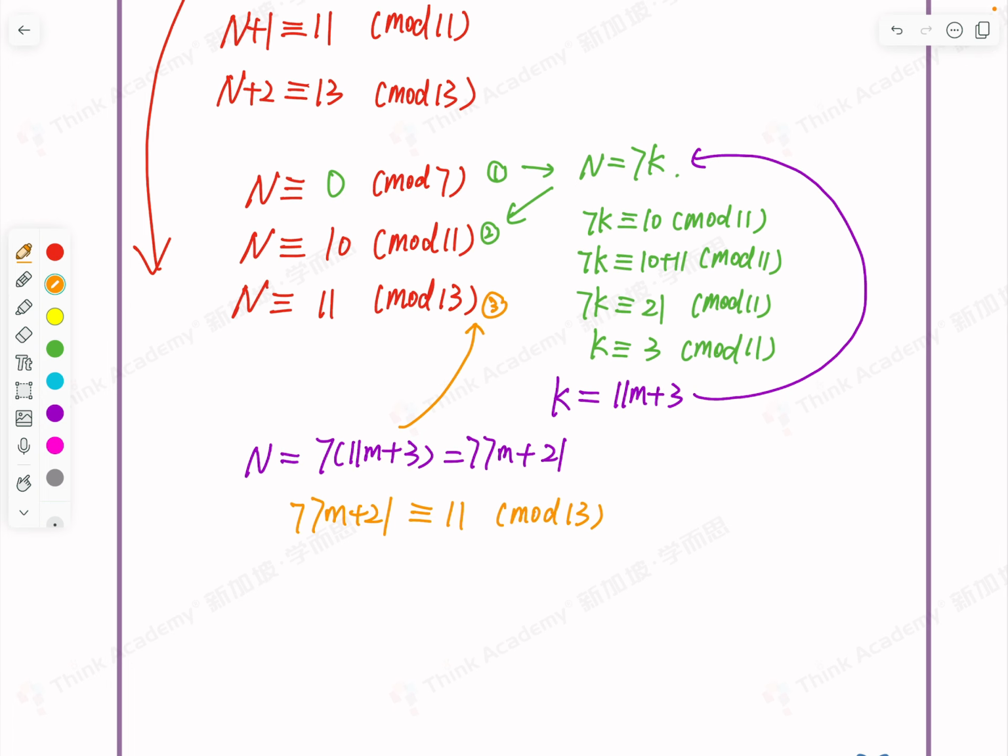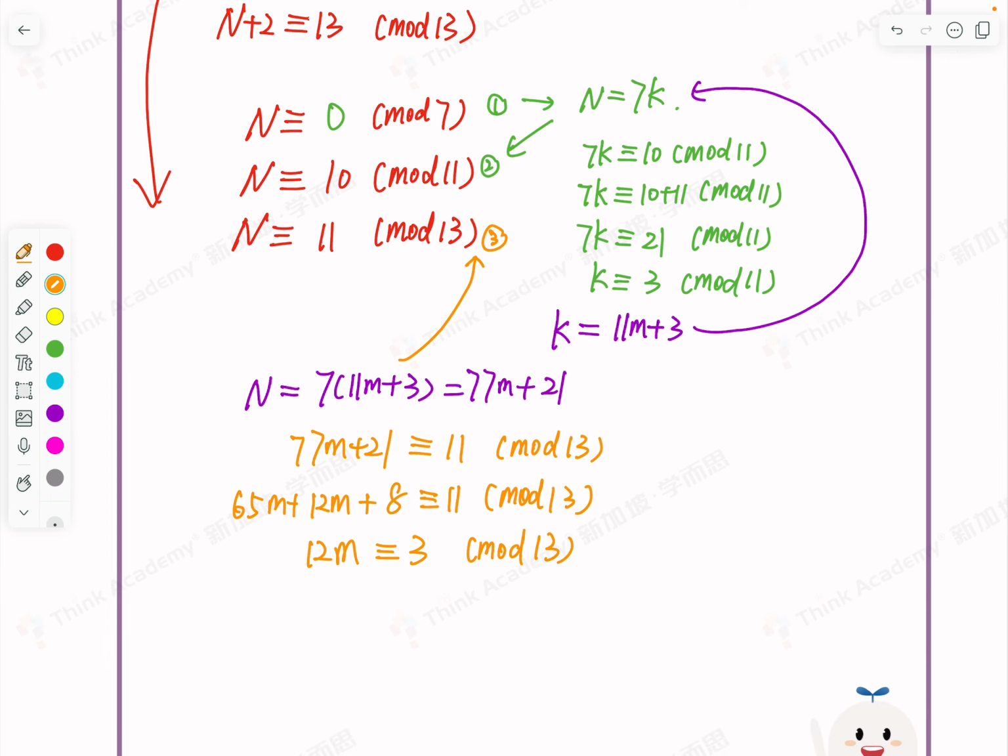So it should become what? You divide by 13, you can find it should be 65m plus 12m plus this one 21 divided by 13. What's that? So it should be congruent to 7 plus 1, 8. Congruent to 11, right? Congruent to 11 if I mod 13. So 12m congruent to 3 if I mod 13.